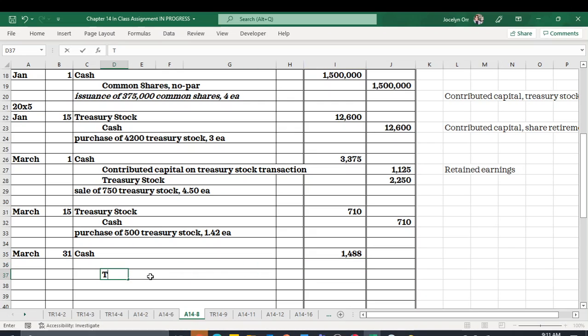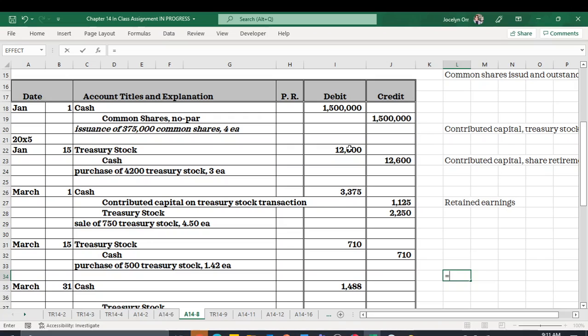We're then going to adjust our treasury stock and decide if we need to use contributed capital or retained earnings for the difference. So the first thing that we need to do now is figure out our new average because we've had two purchases of treasury stock at this point. So our first transaction to treasury stock was for $12,600.